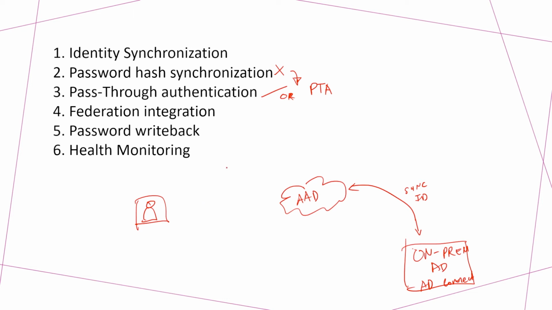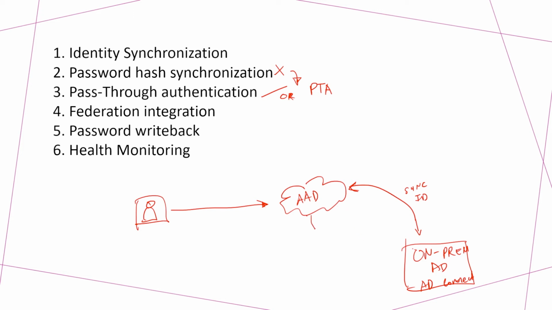So what happens with pass-through authentication is when a user tries to sign in to Azure AD or an application that uses Azure AD as identity provider, Azure AD will send a signal, or it will actually prompt the Azure AD Connect for authentication.